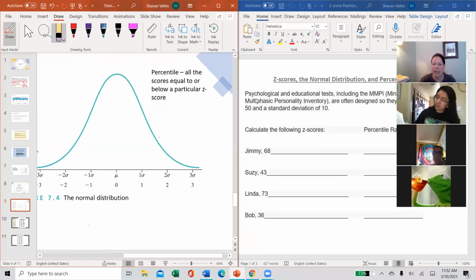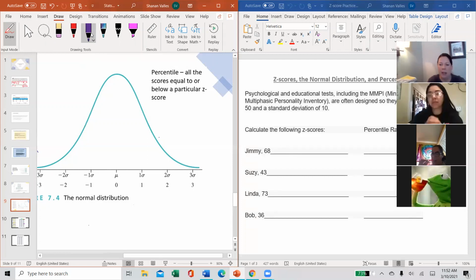It's saying here that its mean is 50 and a standard deviation of 10. Remember, all that information will always be given to you. And then we have their raw scores here. So let's do Jimmy.